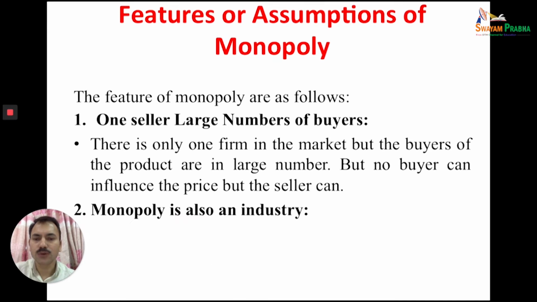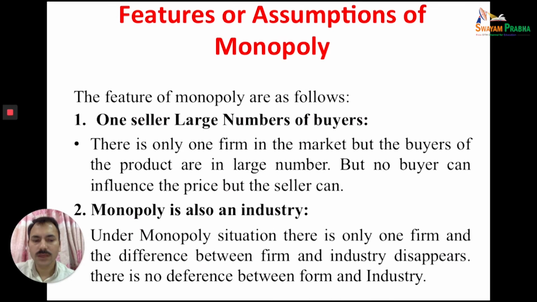Second, monopoly is also an industry because there is only one firm. So you cannot differentiate between industry and firm. So the monopolist is an industry also. Under monopoly, there is only one firm. The difference between firm and industry disappears.